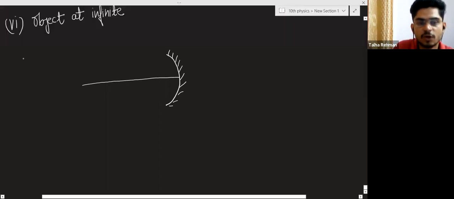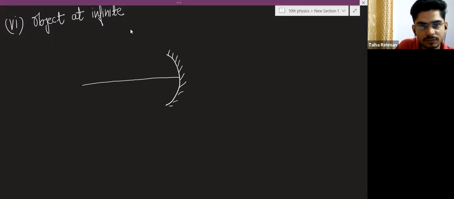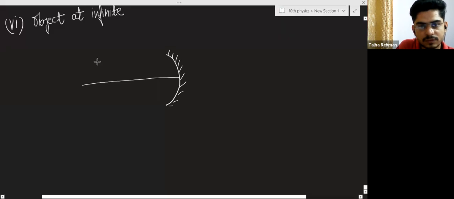So suppose the object is at infinity and rays are coming like this, and another parallel ray. These are parallel rays.